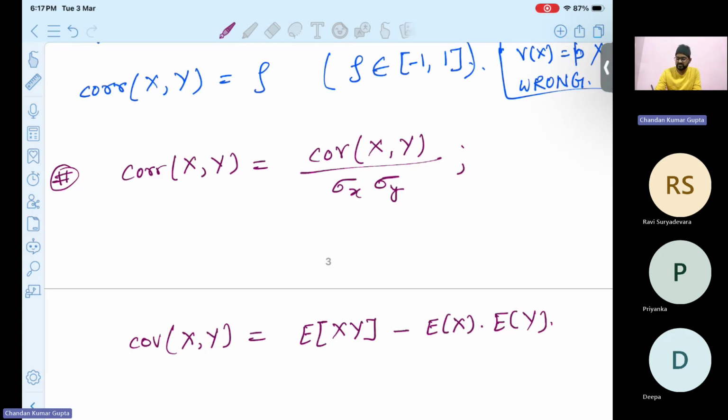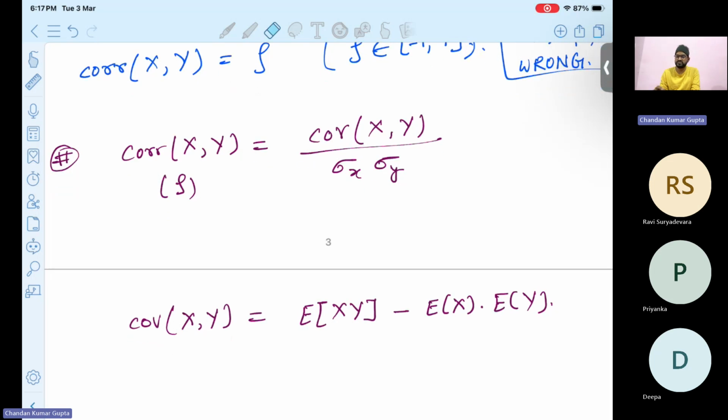Also, we know that the value of rho may come out to be -1, 0, or +1, or any value within this range. When it is -1, that is perfectly negatively correlated.